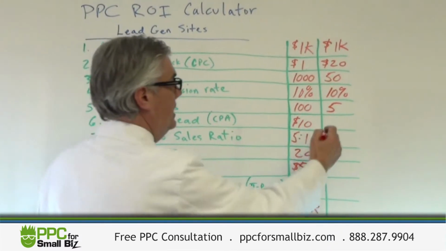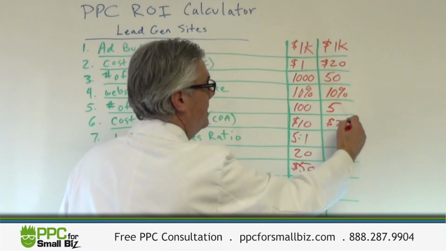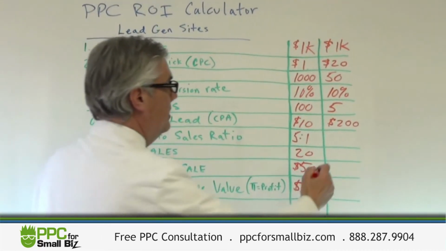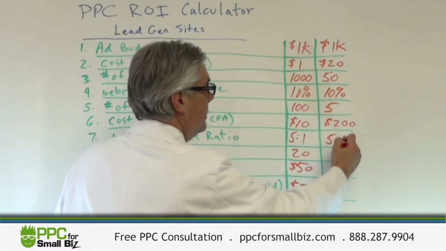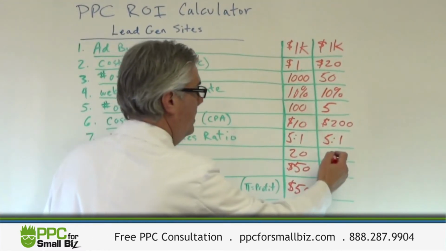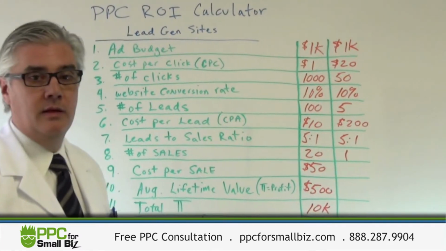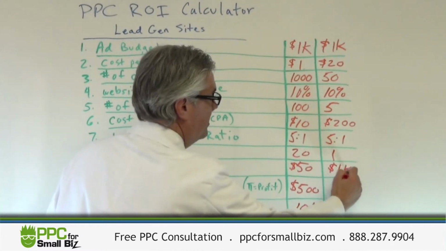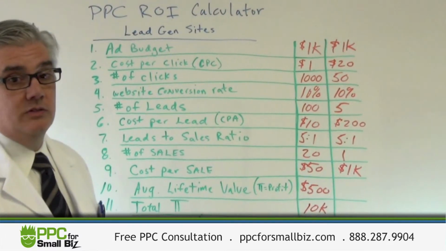And his cost per lead has jumped from $10 to $200. Now, assuming also that his leads to sales ratio has not changed, it's still 5-to-1, Tom's only gotten 1 sale in a month. And his cost to acquire that sale has gone from $50 to $1,000.